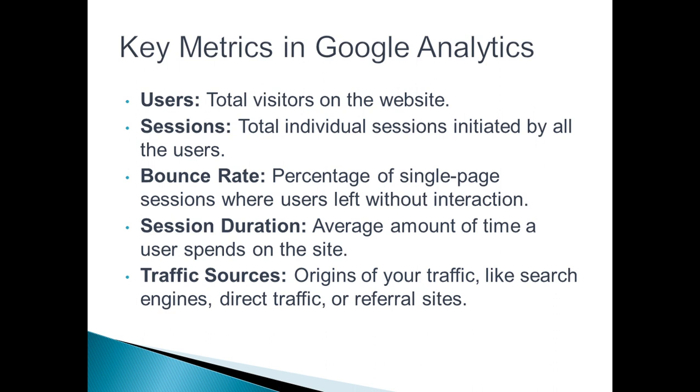And the rest is the referral site. Referral site means people are visiting some other site and from that site they saw your advertisement or your website link. So these are some traffic sources that Google Analytics tracks for your website.